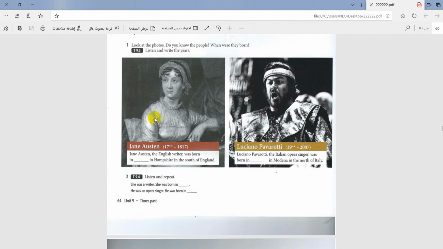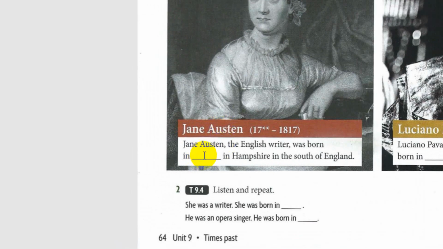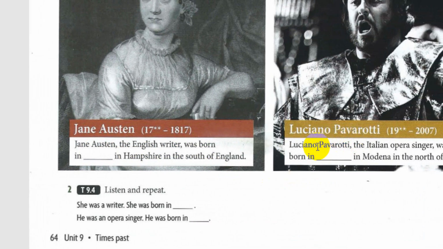She has written a lot of drama, and also she wrote a lot of plays, and some of her work was made into films like Pride and Prejudice, الفخر والانحياز. So by the way, Jane Austen, the English writer, was born on August 17th, 1817 in Hampshire in the south of England.